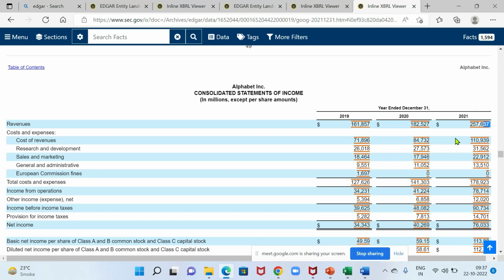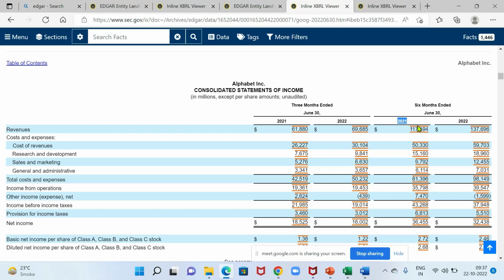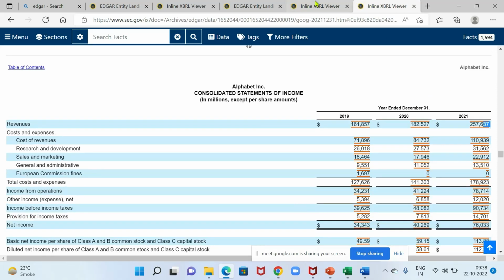Because this is for 12 months, 1st January to 31st December. However, this is for the first 6 months of the year. This is the full year 2021.